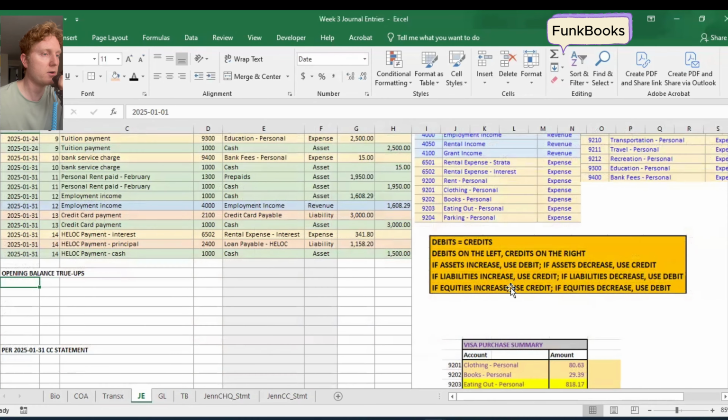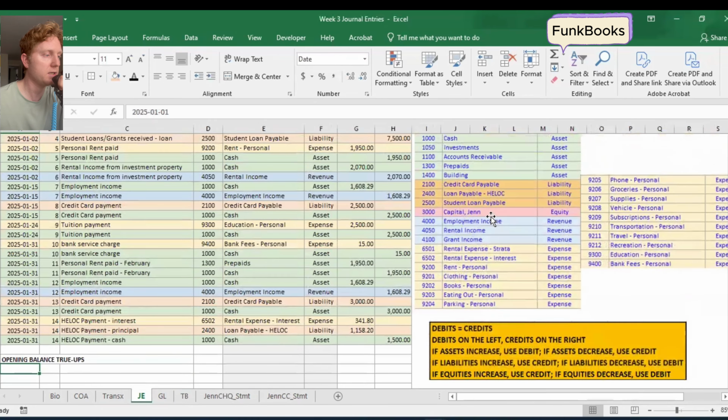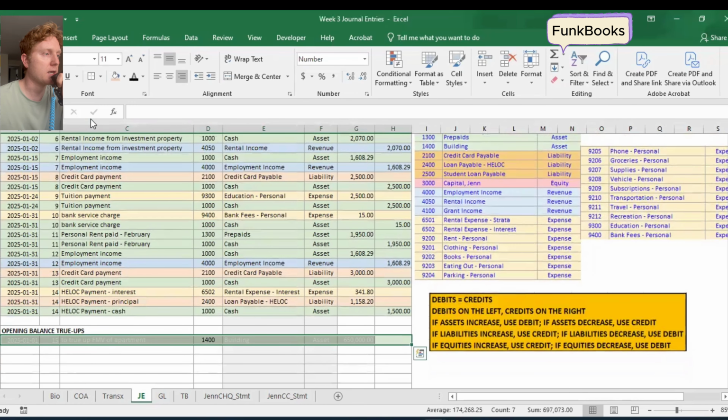So let's just grab our account here, building 1,400. So let's put that in, 1,400, building. This is, you can say, to true up the fair market value of the apartment, essentially to get it on the books, right? We need to get this on the books.